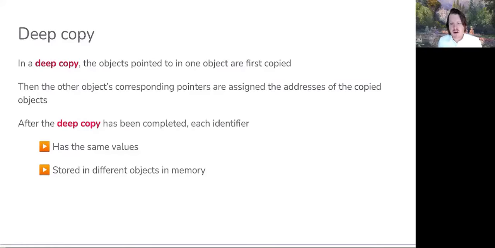Well, in a deep copy, the objects pointed to in one object are going to be copied first. Then the other object's corresponding pointers are going to be assigned the address of the copied object. So that might not be clear, but the idea is that in the case we just described, with v1 being used to initialize v2, we would create v2 in a manner that it would have its own dynamically allocated array, and the values of v1's dynamically allocated array would be copied into the corresponding indexes of v2's dynamically allocated array.